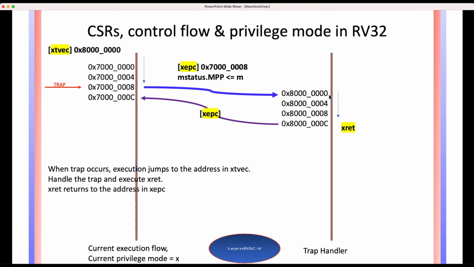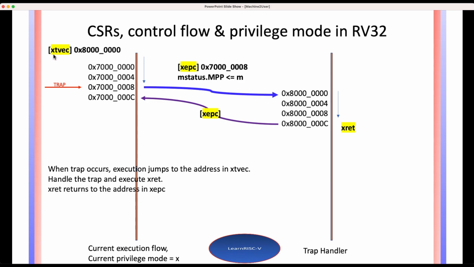Let's assume that the trap handler is at 8 followed by 7 zeros of the RAM memory, and once the trap is handled, the execution returns back to the normal operation.